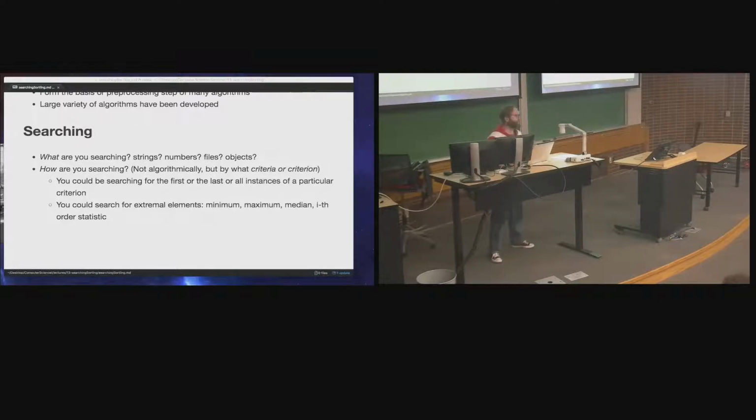Those are all extremal elements, and you want to find the 75th percentile or something like that. What's the cutoff for that? Meaning that 3/4 are below that, and 1/4 is above that. That's the one you're searching for, not just the max or the min.